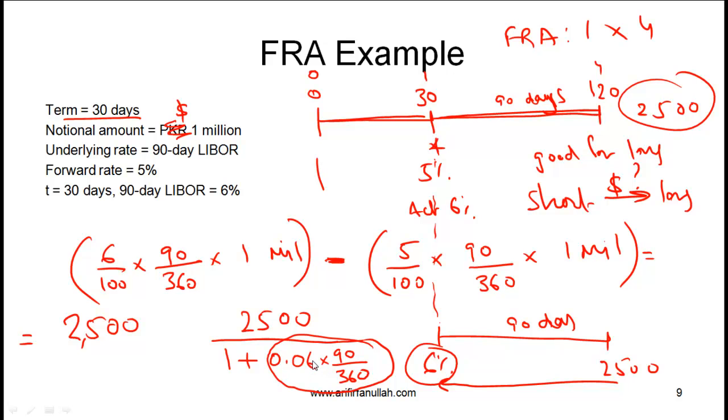A more precise way of doing this could have been 2,500 divided by 1.06 to the power of 90 over 360, which is 0.25. Both these will give you practically the same answer, but in most books you will see things done this way. All we really have done is taken the 2,500 and figured out the present value. Notice that the present value is calculated based on the actual interest rate and not the contract rate.